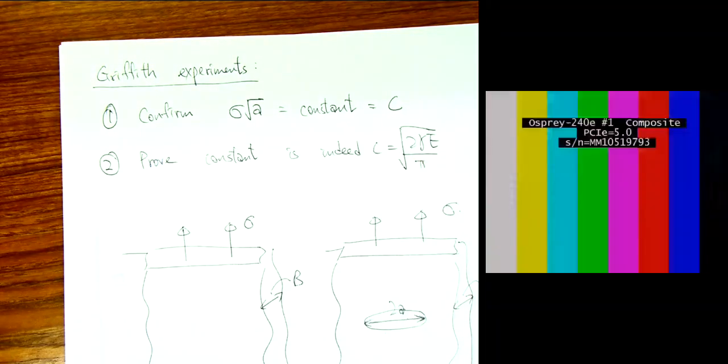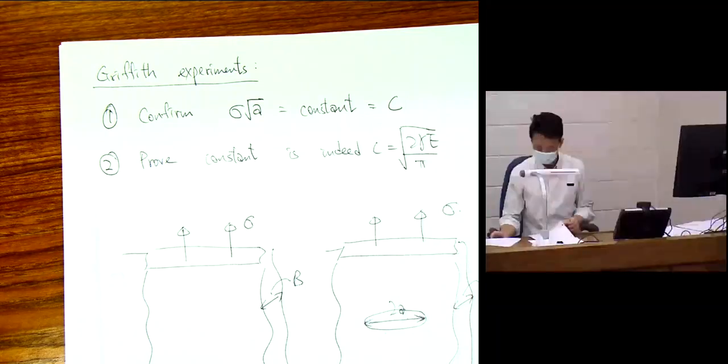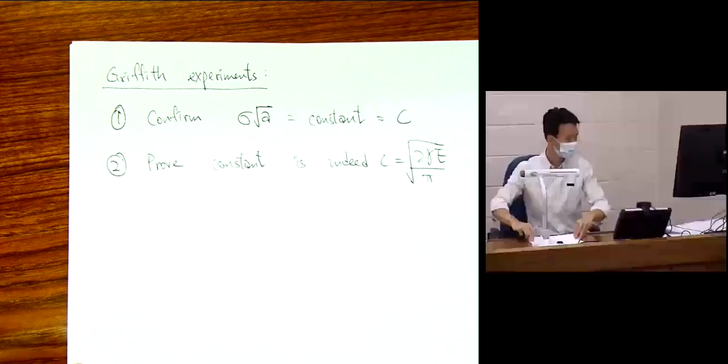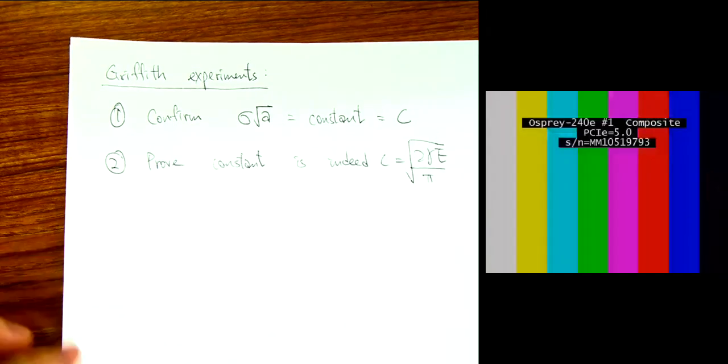So I don't know if you remember what surface energy means, and how do we calculate it. We briefly talked about it in the context of the atomic calculation, but that was a little bit abstract.